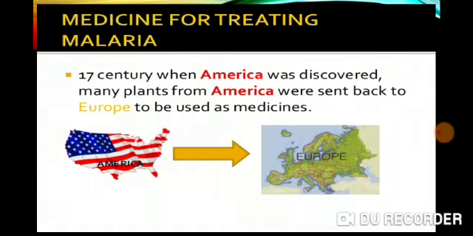In the 17th century, America discovered that many plants are helpful for the treatment of certain diseases. For medicinal purposes, they sent some plants to Europe and used them as drugs and cures for certain diseases.